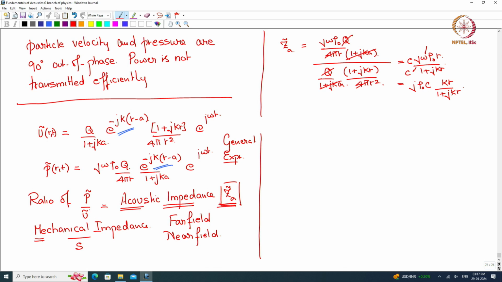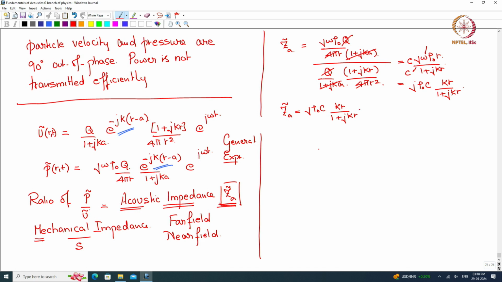It is typically complex, real part, imaginary part. Imaginary part is indicative of resonances, everything is same, except that it has a cross-section area division from mechanical impedance. So, my Z A tilde is j rho 0 c k r by 1 plus j k r.